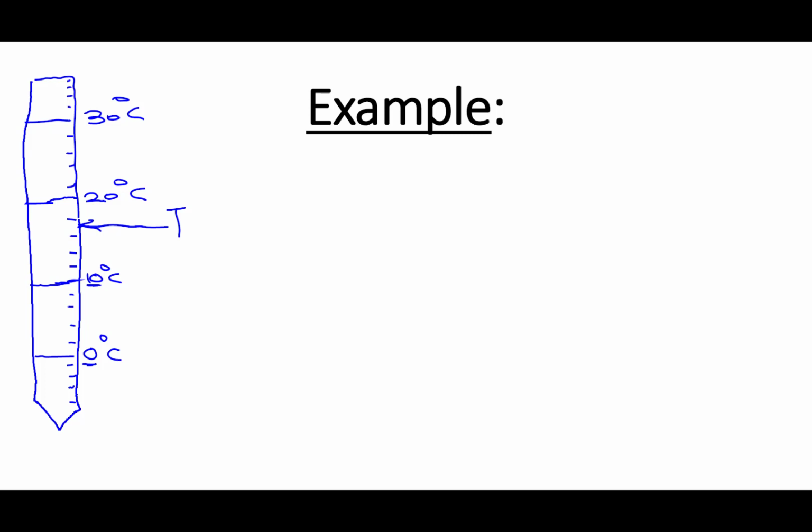Because it's 0, the next one is 2, 4, 6, 8, and 10. Okay? That means we go up by increments of 2. That's why the increment is 10. Oh, sorry, it's 2. Okay? That's the increment on it.